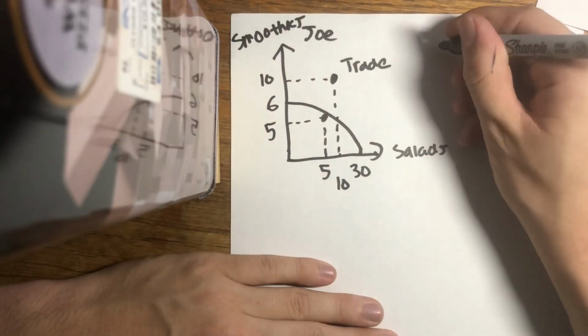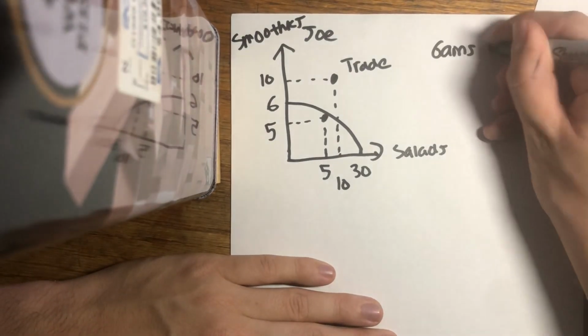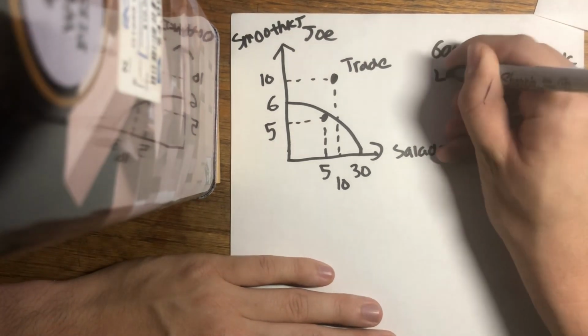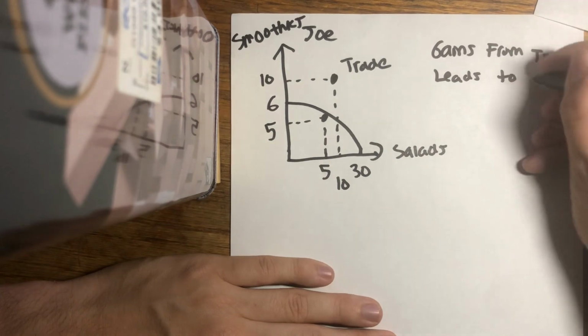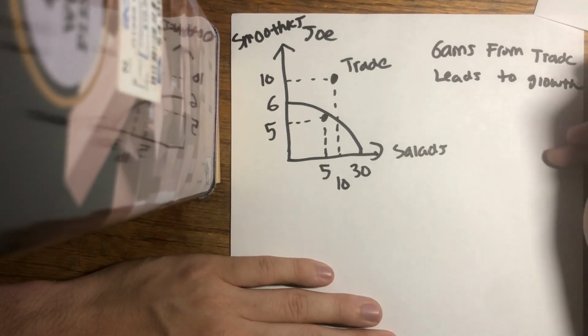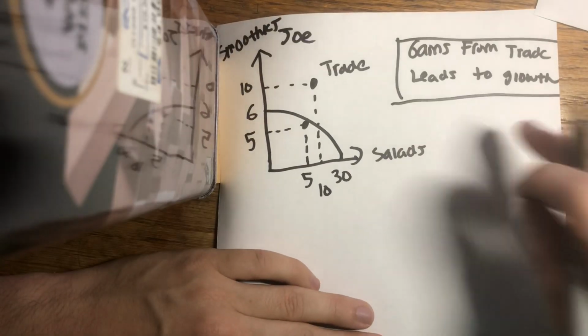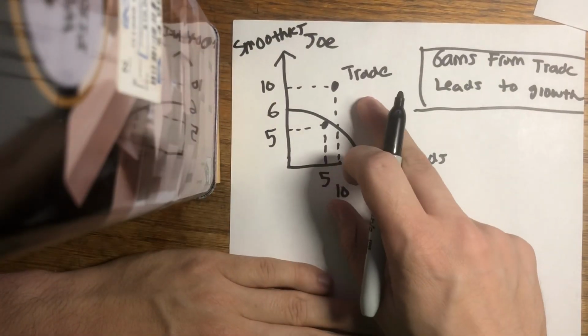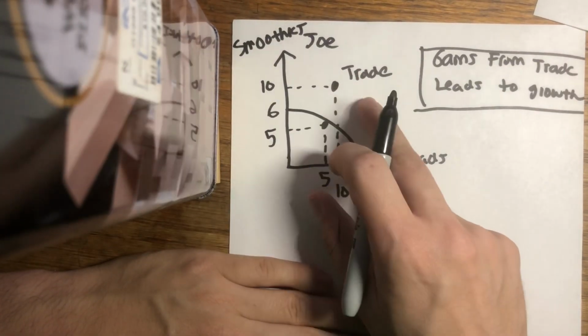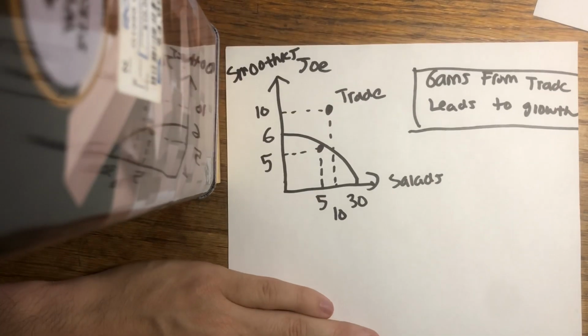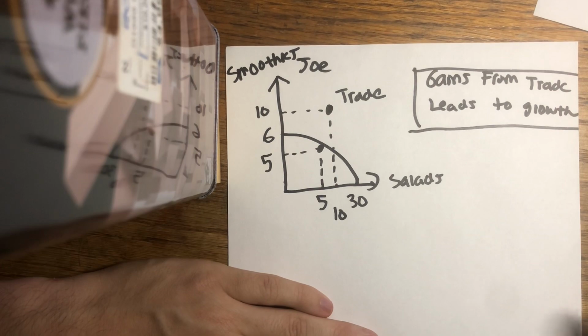But gains from trade also lead to growth. When you do trade, you are also growing and you can produce outside your production possibility frontier. That's the main takeaway from gains from trade and why it's better to trade based on specialization.